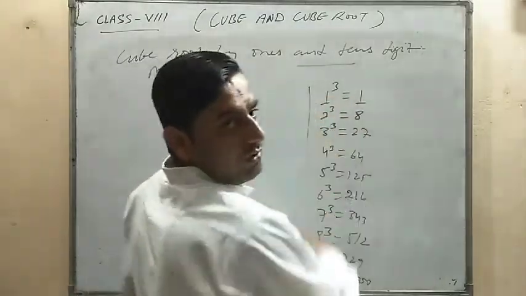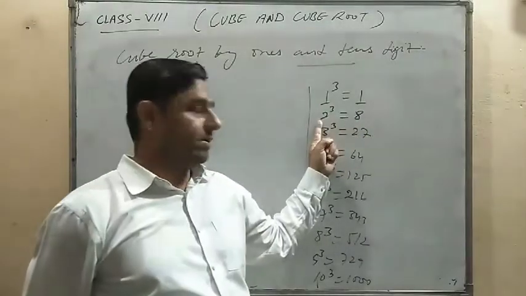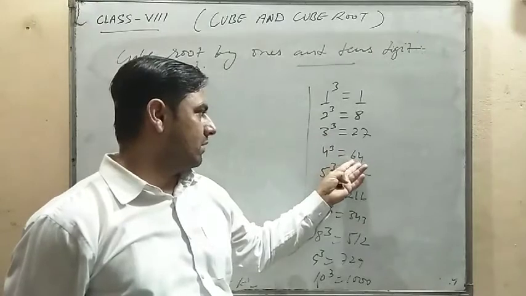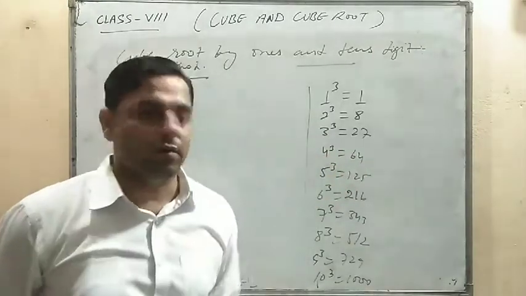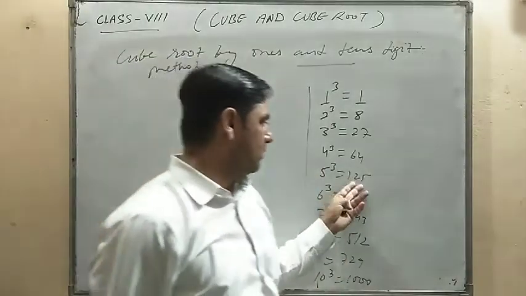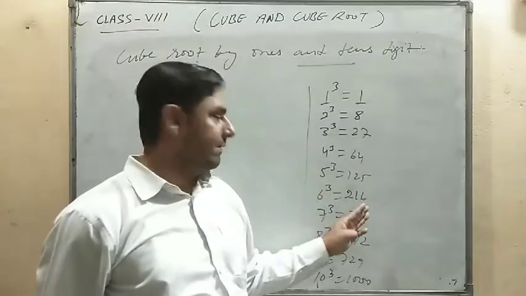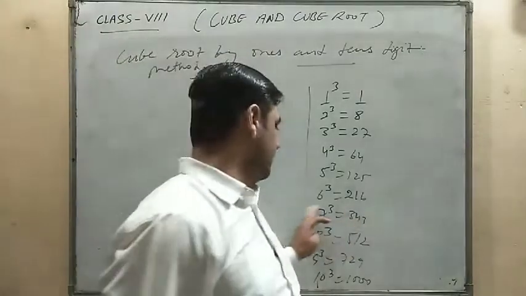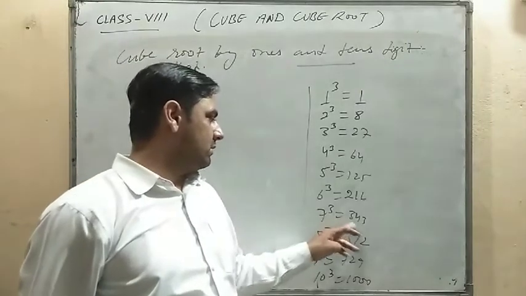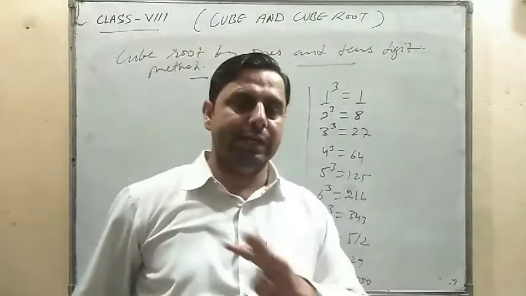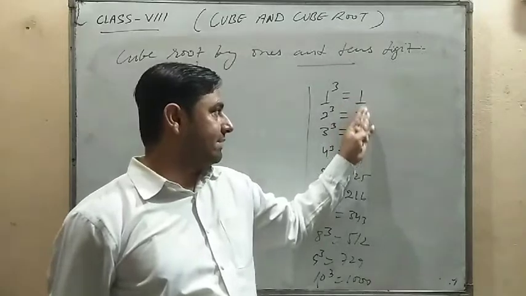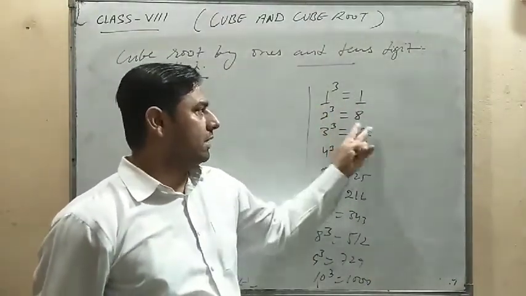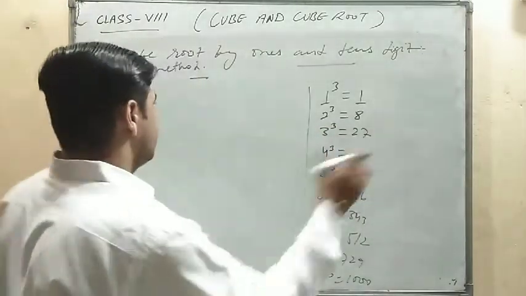The cube root of a number ending in 1 will have ones digit 1. For 8 the unit place is 2. For 27 the unit place is 3. For 64 it is 4. For 125 it is 5. For 216 it is 6. For 343 the unit place is 7. So if a number has unit place 1, 8, 7, 4, 5, 6, 3, 2, 9, you write the unit place of the root accordingly.